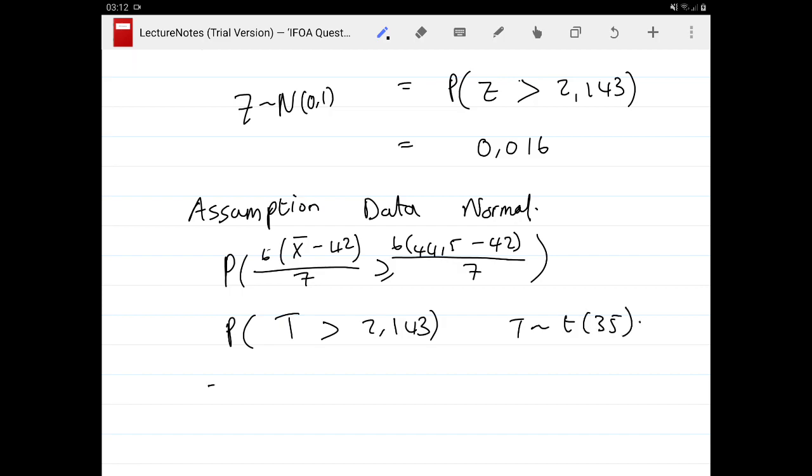You can work this probability out as well, and this will come out to 0.0195.